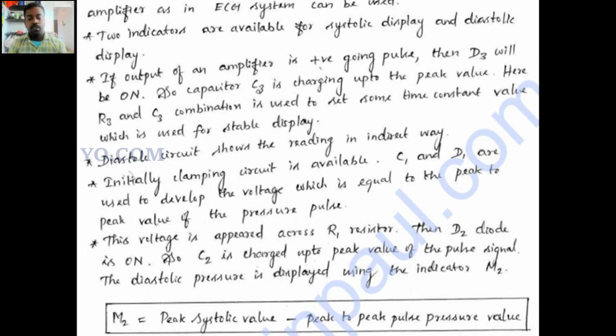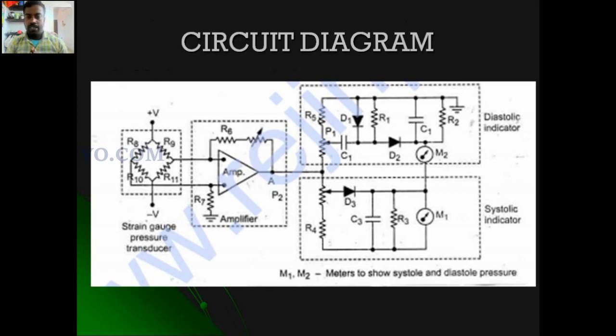The diastolic pressure is displayed using indicator 2, meter M2. M2 equals the peak systolic value minus the peak to peak pulse pressure value. This way they are measuring the diastolic pressure.